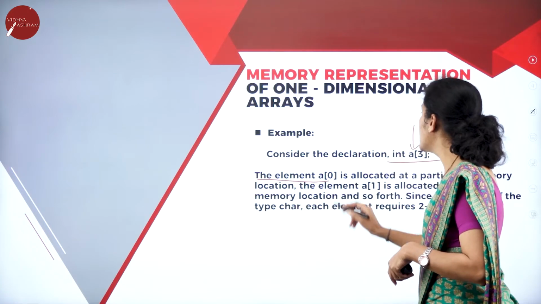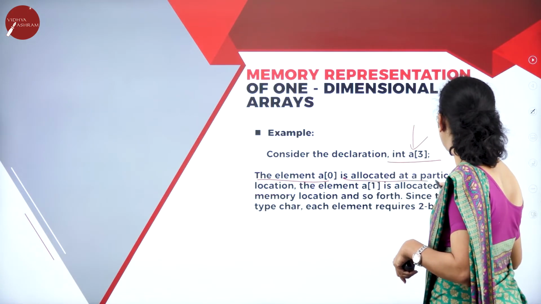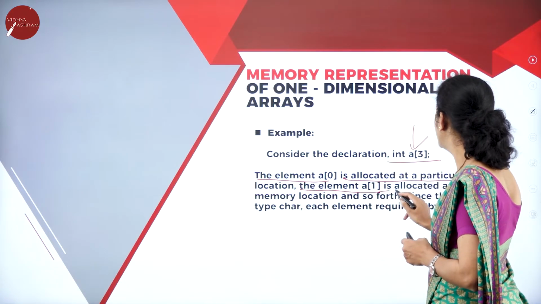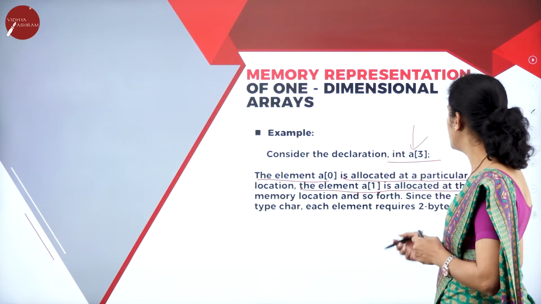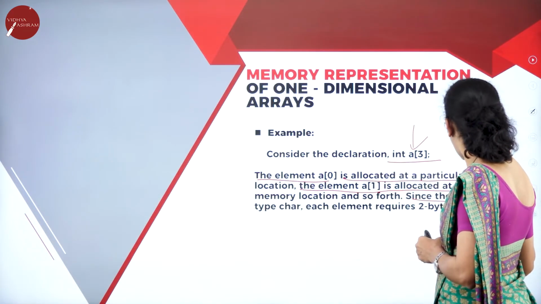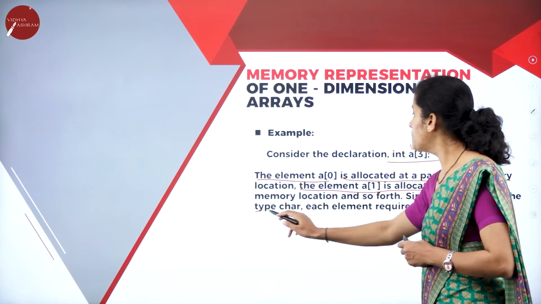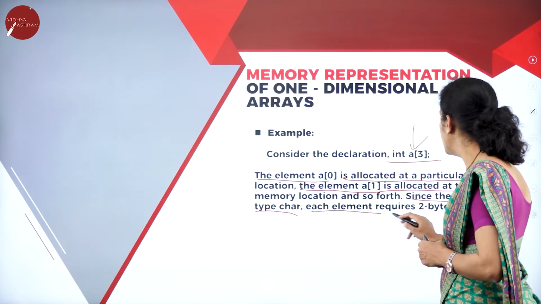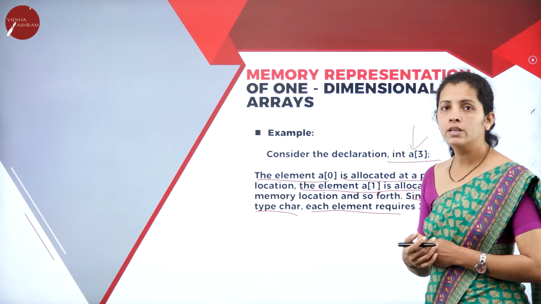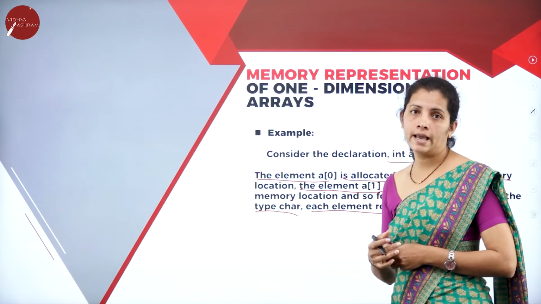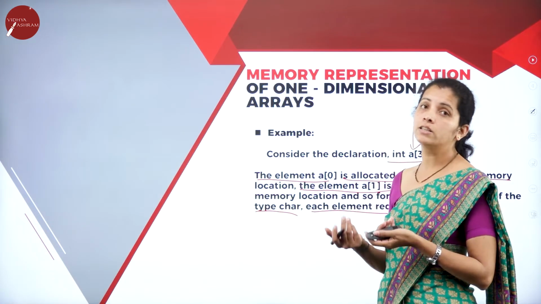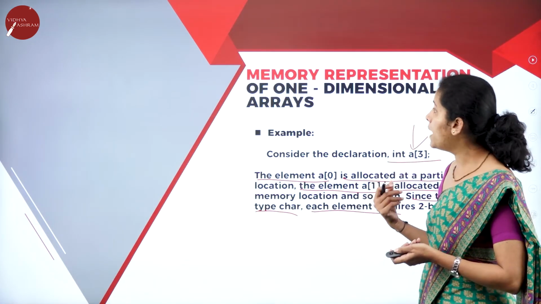The elements A of 0 is allocated at a particular memory location. The element A of 2 is allocated at the next memory location and so forth. Since the array is of type character, each element requires 2 byte. So here, what is the size of the character? It is 1 byte. If I consider integer, then it is 2 byte.